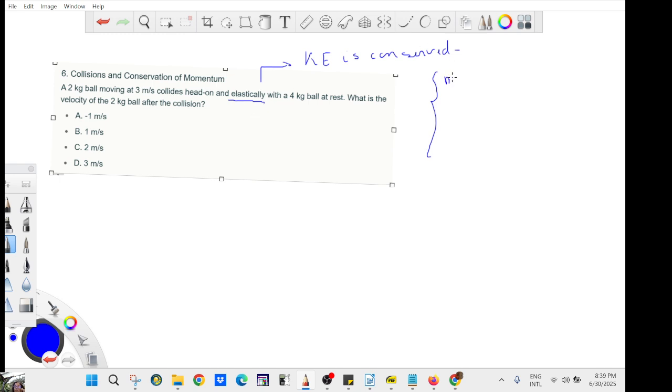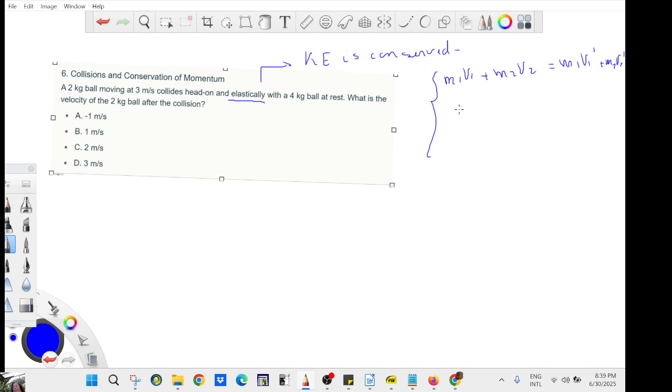So you always have conservation of momentum: m1 v1 plus m2 v2 equals m1 v1 prime plus m2 v2 prime. So it's two things colliding: system number one, system number two. That will be the speed before, and that's the speed after. The prime is the speed after.